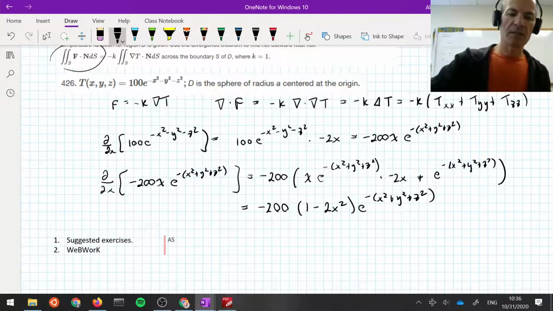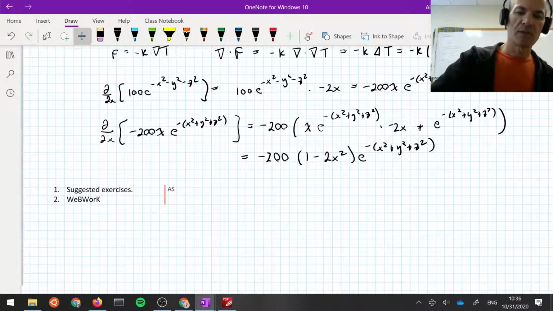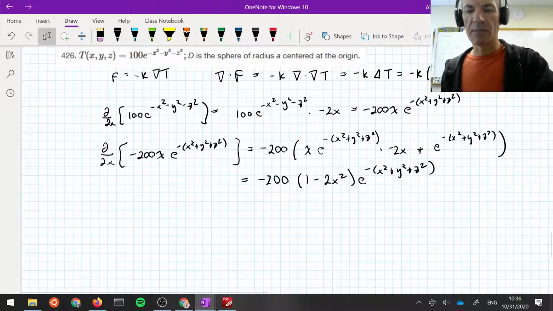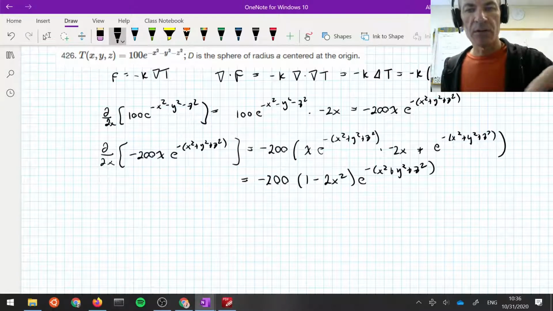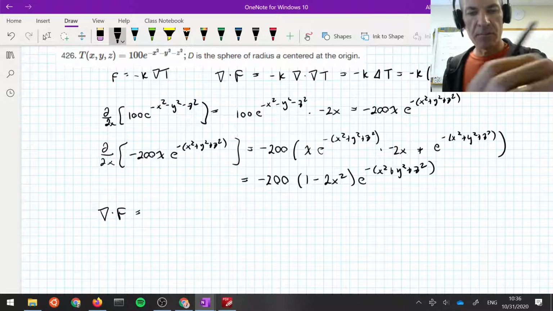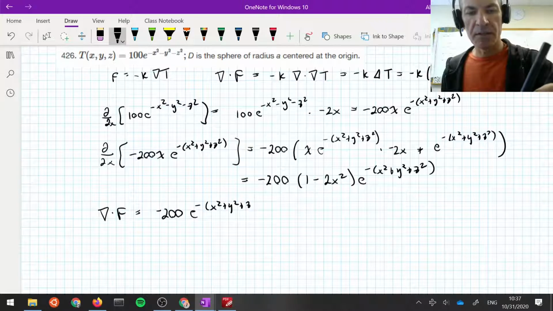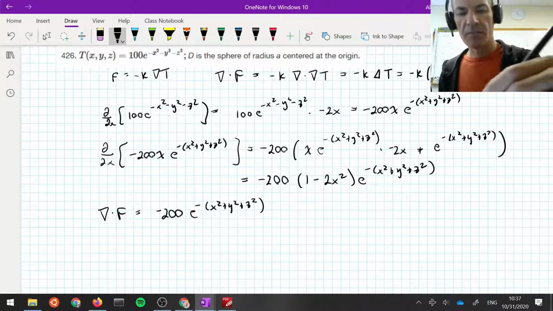And you can imagine, because of the symmetry of this function T, that the other second derivatives are going to be similar. There's just going to be a y here and a z here. So in total, the divergence is going to have a common factor of minus 200 e to the minus x squared plus y squared plus z squared in all three of these second partials.